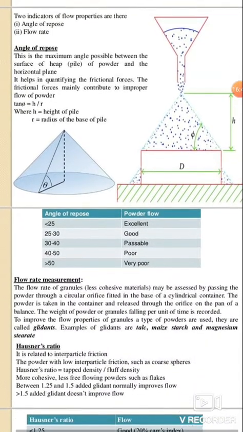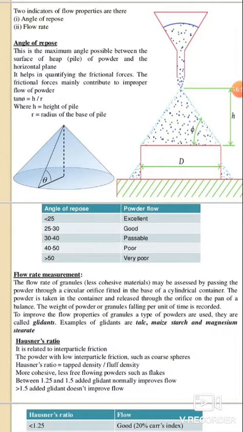First, here we come to the most popular process, that is the angle of repose. In angle of repose, it is the maximum angle possible between the surface of the heap and the horizontal plane. When you put particles on a surface, it appears like a heap or cone.